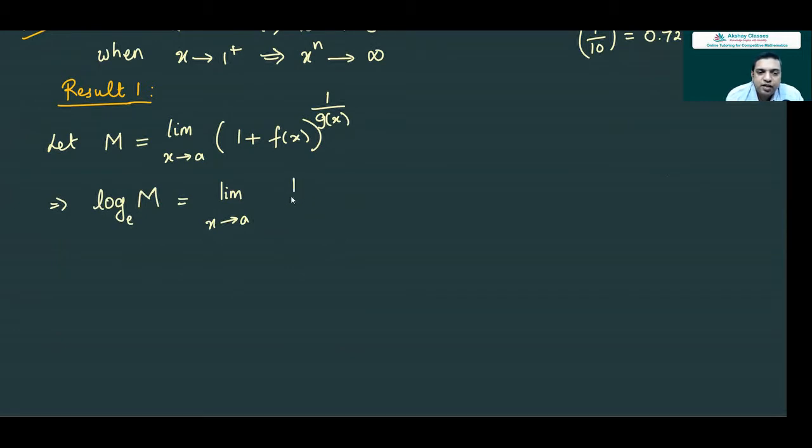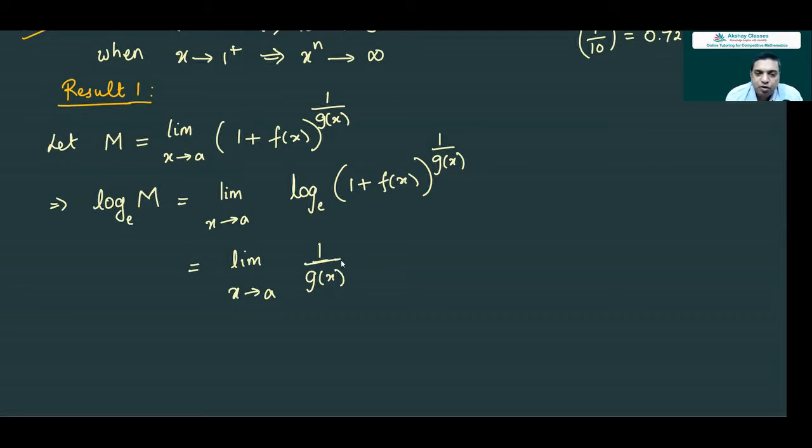So we'll get logarithm of 1 plus f of x to the power 1 by g of x. Now this will be limit x tending to a, log of a power m is m log a, so 1 by g of x into log of 1 plus f of x.